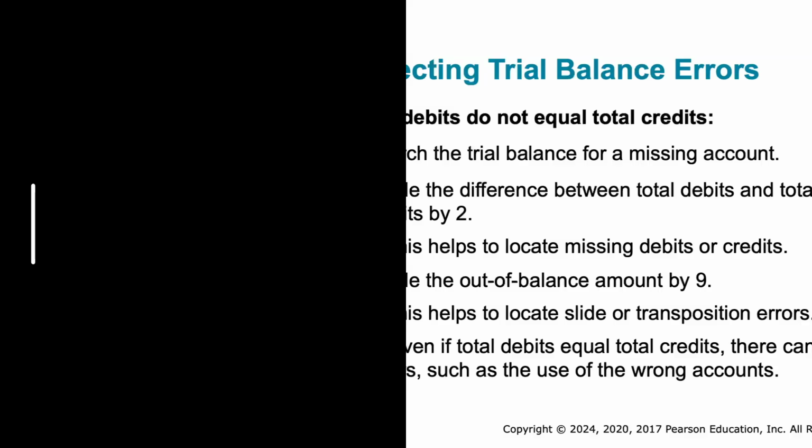Divide the difference between total debits and total credits by 2. This helps locate a missing debit or credit, right? Divide the balance difference by 9. This helps locate a slide or transposition error.